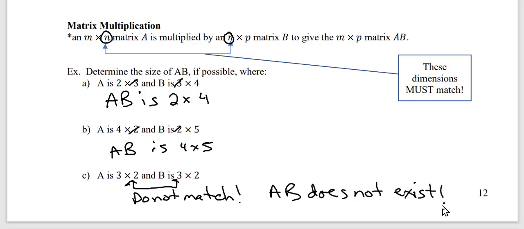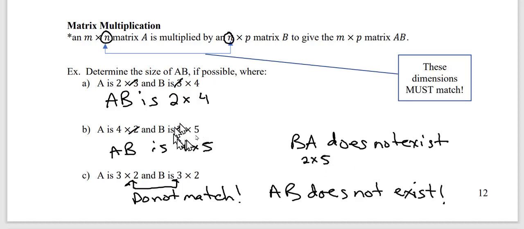I think an important thing to talk about here is the fact that in this scenario, AB exists, but BA in part B here does not exist. You would be trying to multiply a 2 by 5, would be the first one, by a 4 by 2. Those don't match. So you cannot multiply BA.